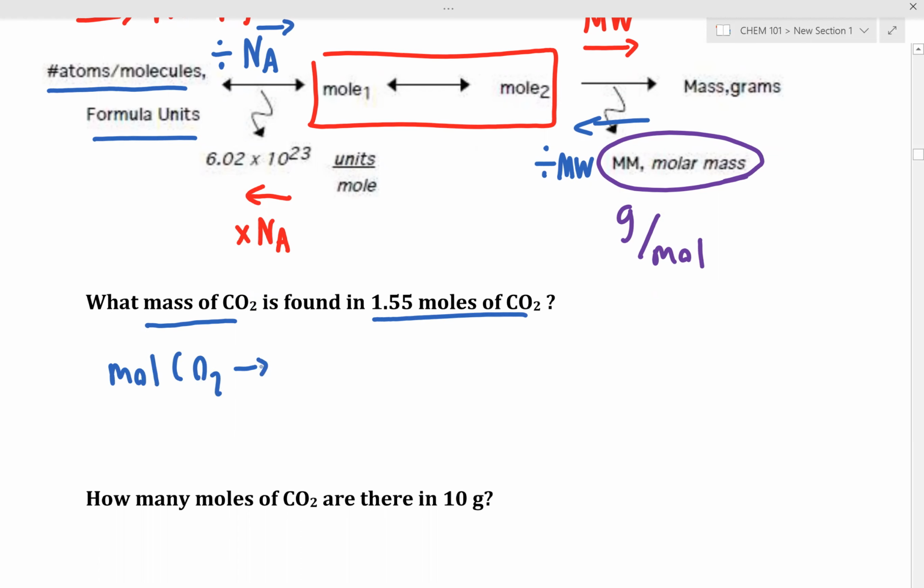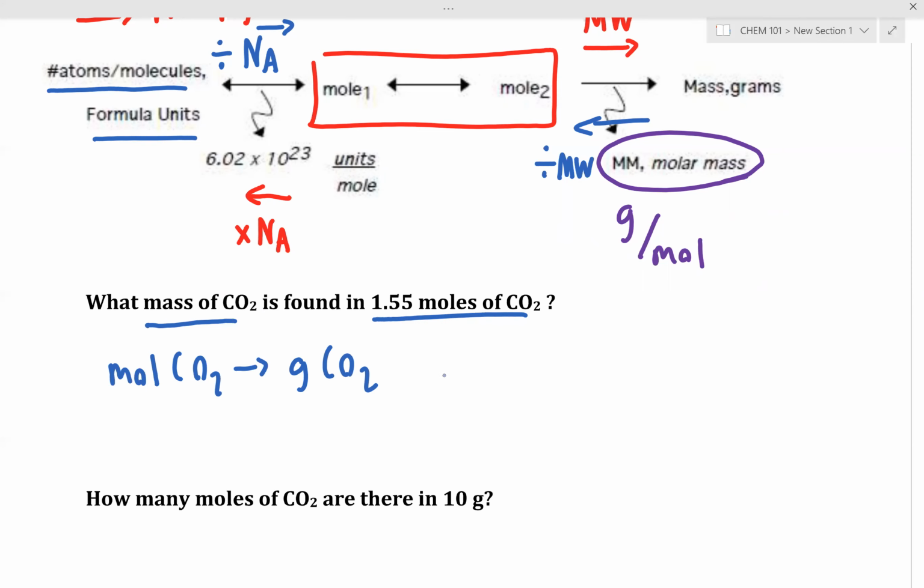And what do we want to report in the end? Mass. And whenever you hear mass from now on, you think grams. So we're going to go to grams of CO2. If on an exam you gave me the mass in AMU, I'd be fine with it, but I want us to get in the habit of reporting grams from now on.